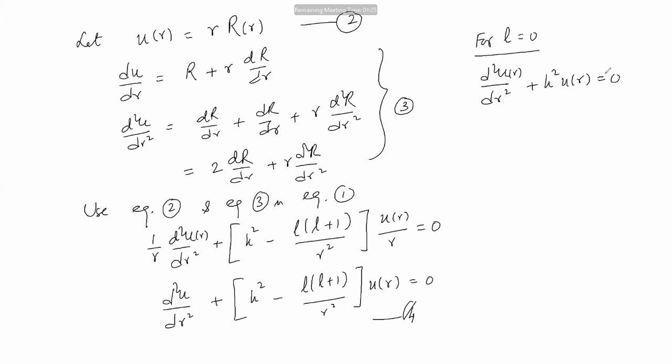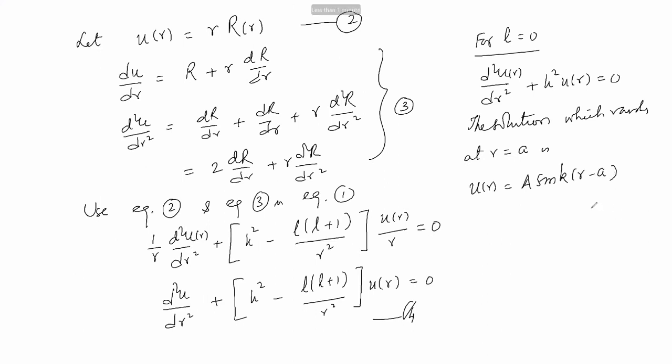And then we have to seek a solution which should vanish at r equal to a. So therefore the solution which vanishes at r equal to a is u(r) equal to A sin k(r minus a).